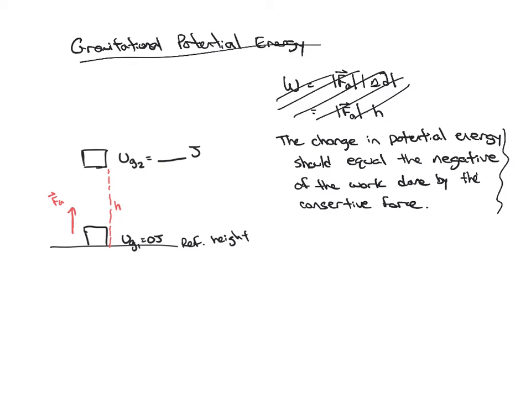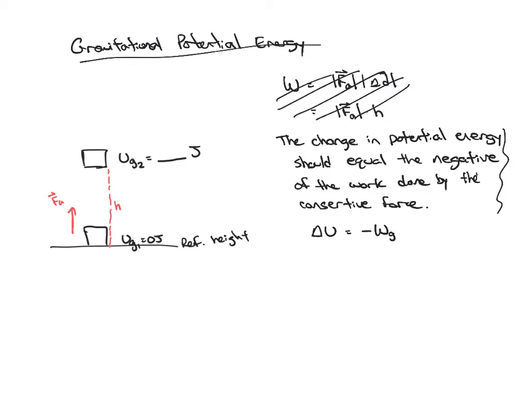So based on this criteria, we should have the change in potential energy, or delta U, equal to the negative of the work done by the conservative force. In this case, the conservative force is gravity. So this is the setup they use to define this formula for potential energy, and it's going to lead to mgh.